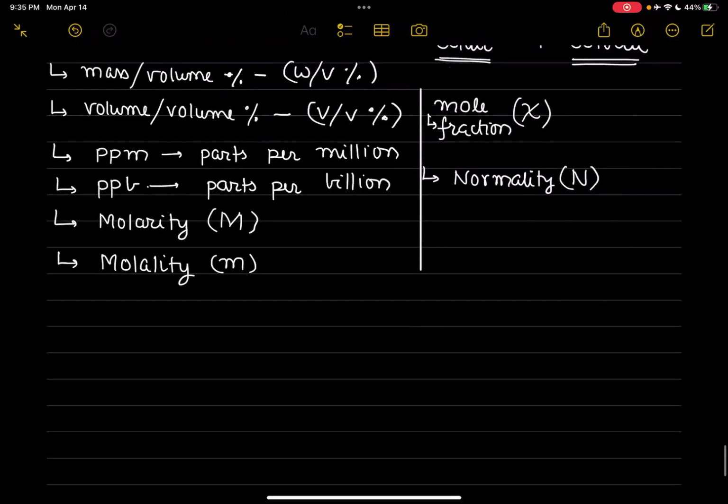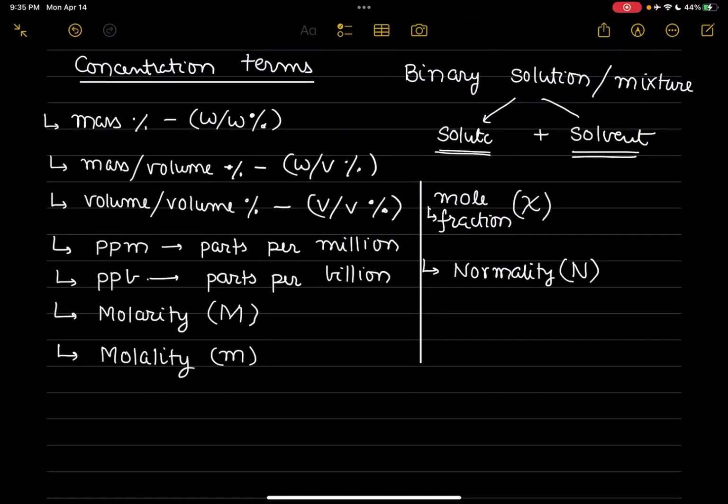Next is mass percentage. We can discuss them one by one. So what do you mean by mass percentage? Tell me what could be the definition.